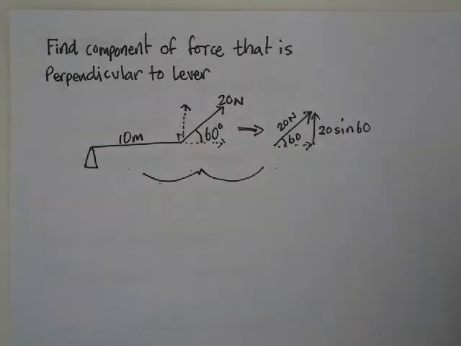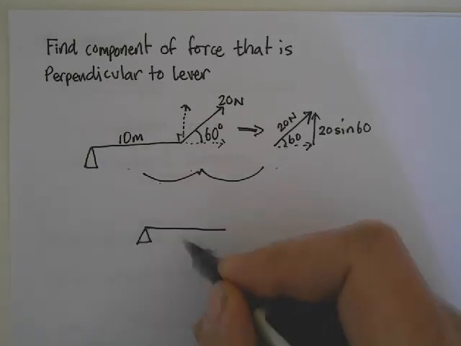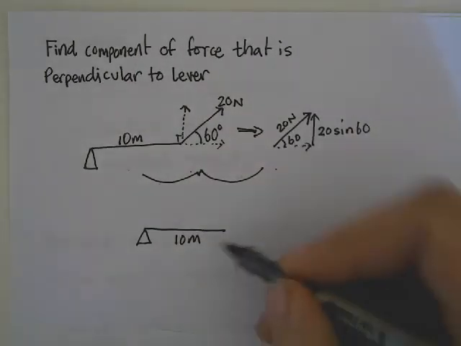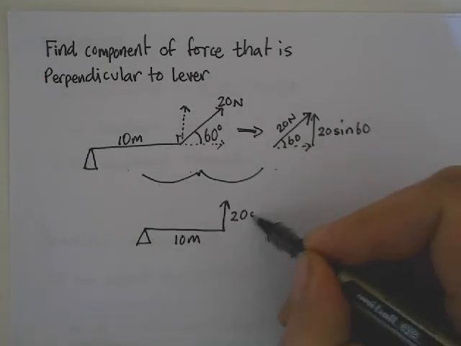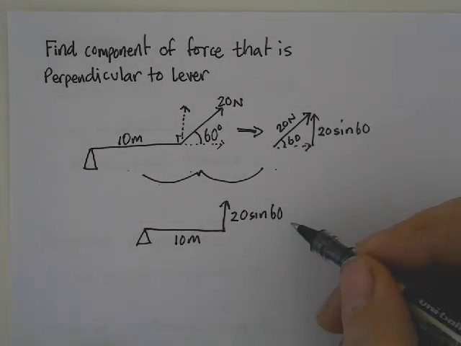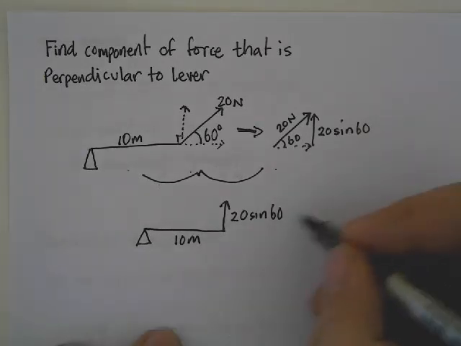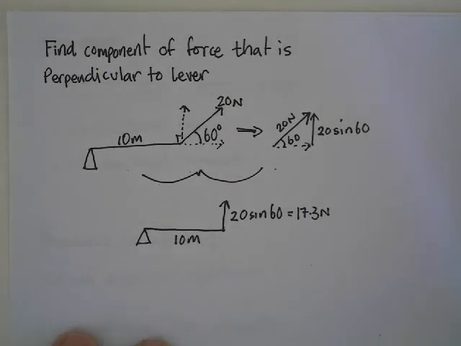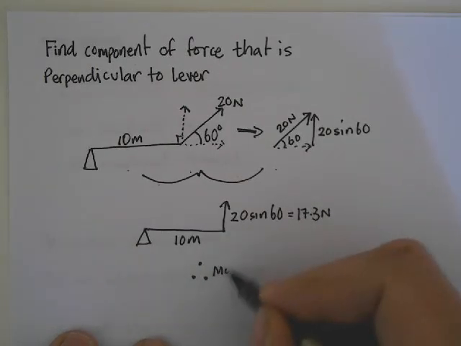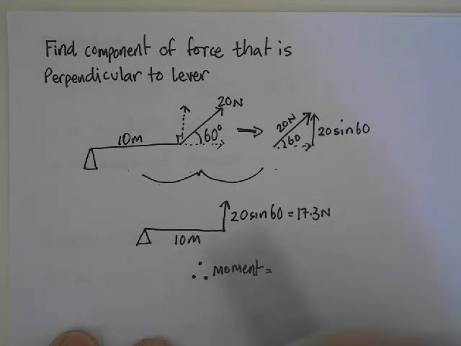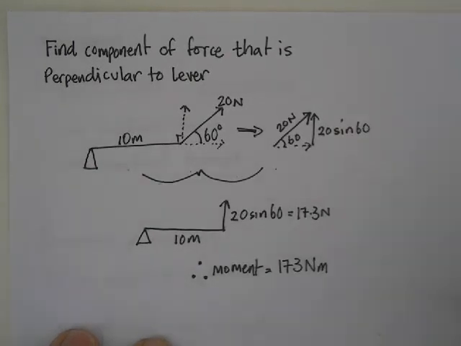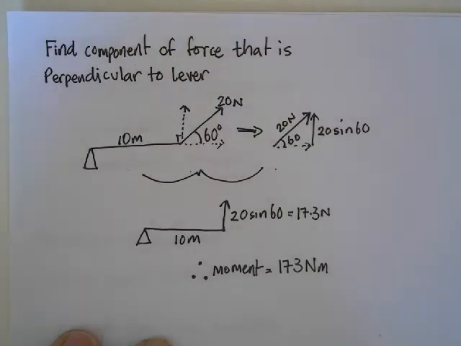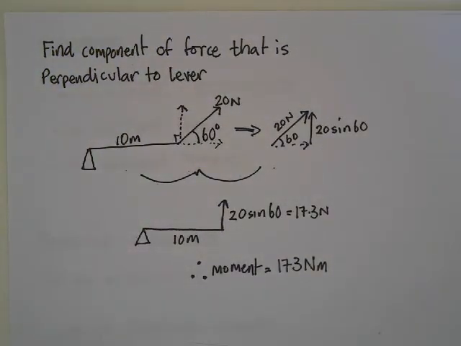So this whole thing will simply become, if I redraw it, 10 meters along there, and then multiply that by the vertical component of the 20 Newton force, 20 sine 60, and I think I worked that out already, that comes out at 17.3 newtons, and therefore the moment equals 10 meters times 17.3, 173 Newton meters. And that's about as complicated as these get.